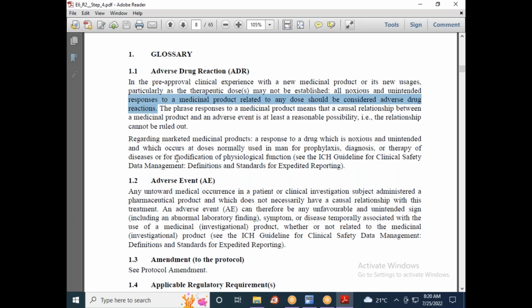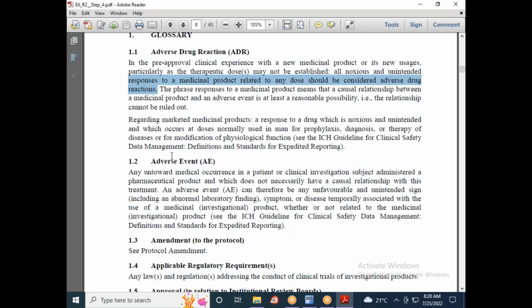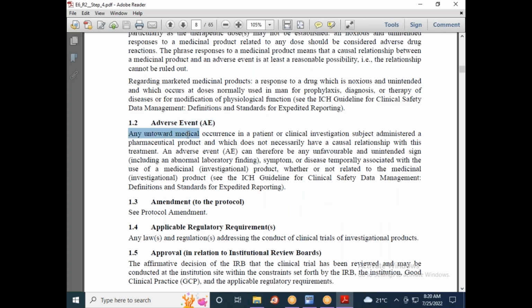And adverse events. Any untoward medical occurrence in a patient or clinical investigation subject. Subject and patient are both one and the same.